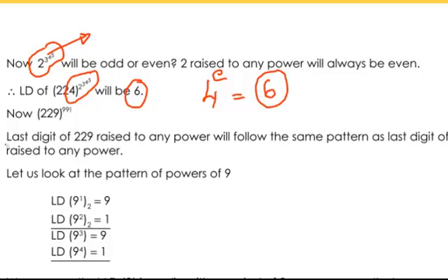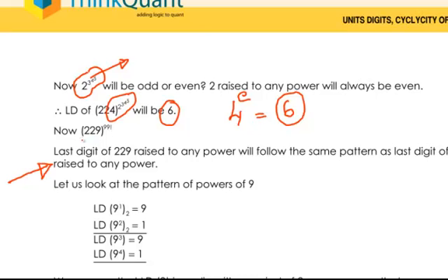So now let's find out the last digit of the last term, which is 229 raised to 99 factorial. We have to find the last digit of 229 raised to 99 factorial.